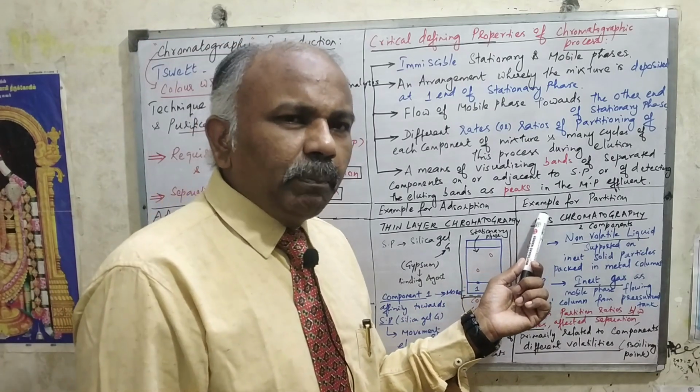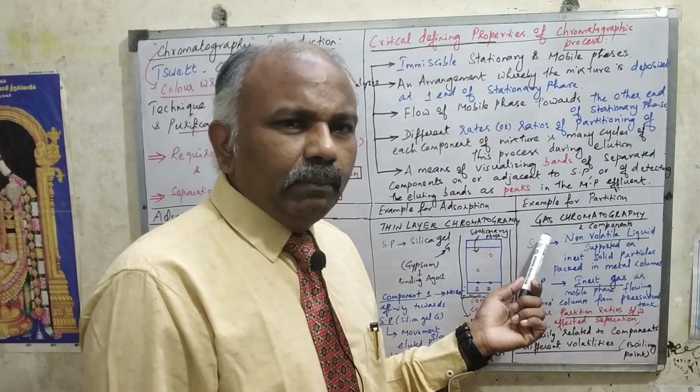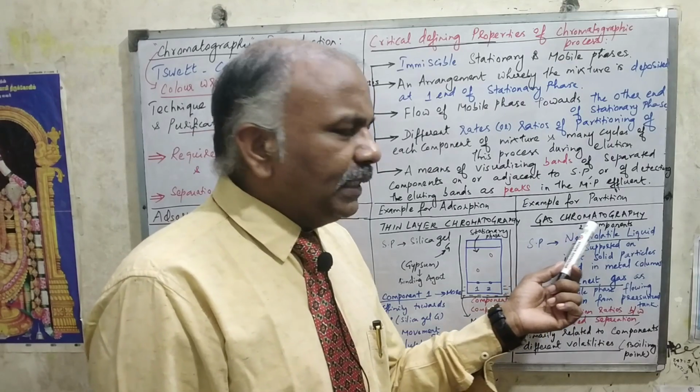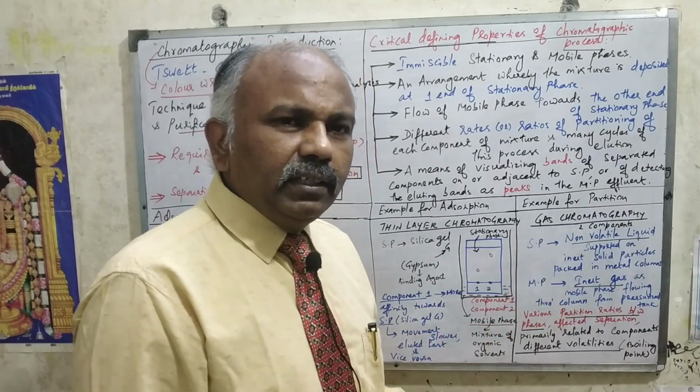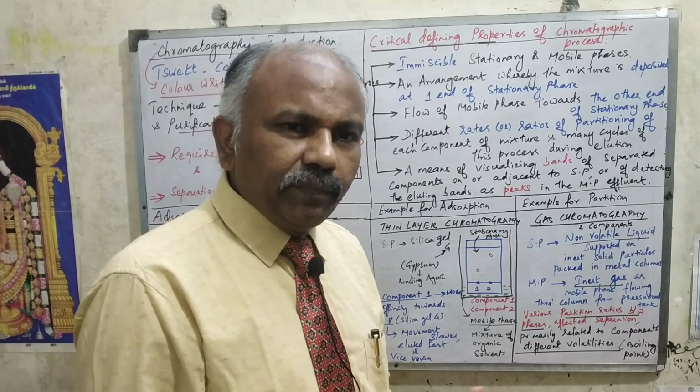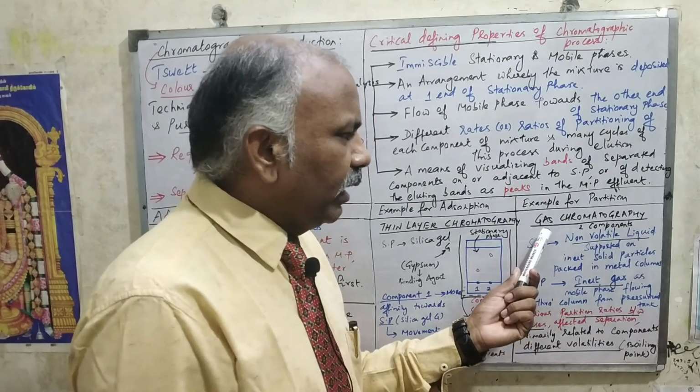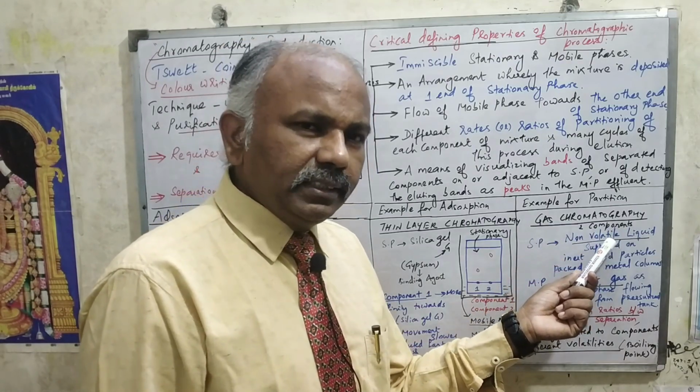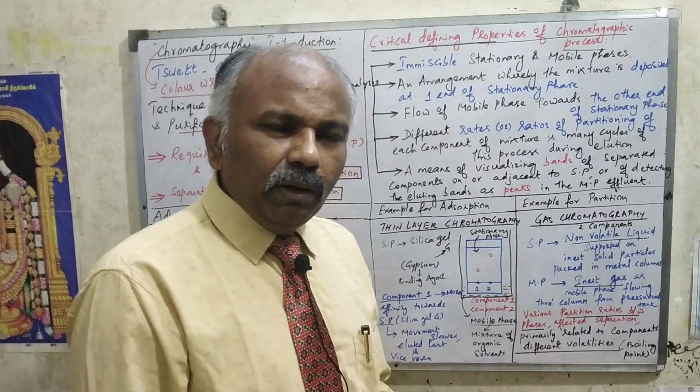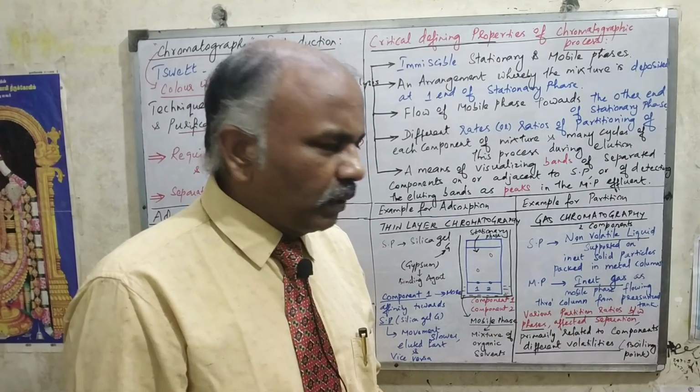Now, there is another example for partition, that is gas chromatography. Partition takes place between 2 immiscible liquids, right? So here we are taking 2 components that we want to separate by partition. How is it possible?